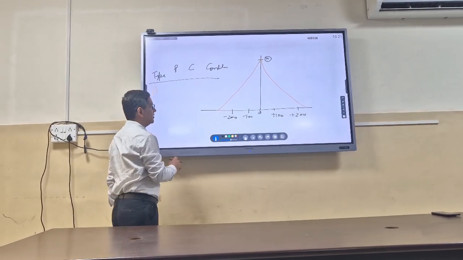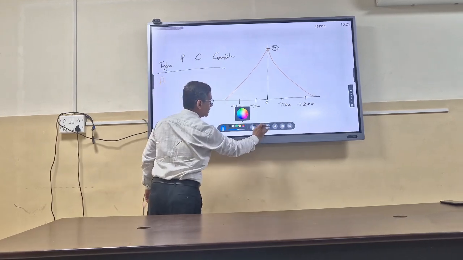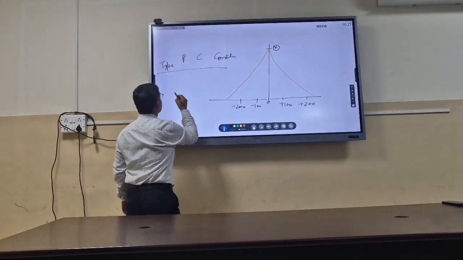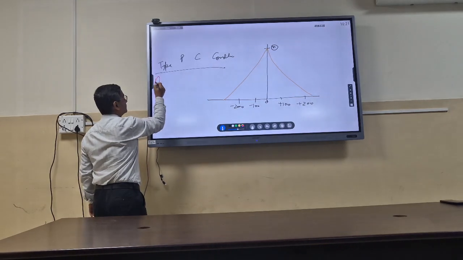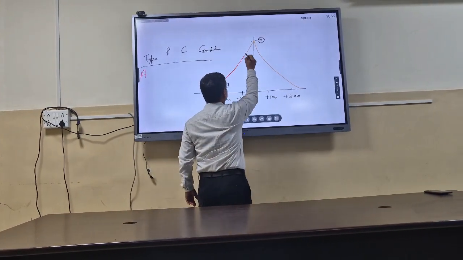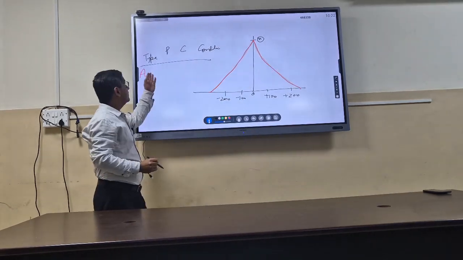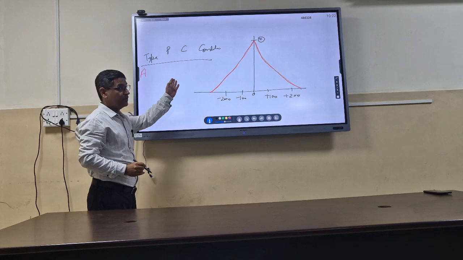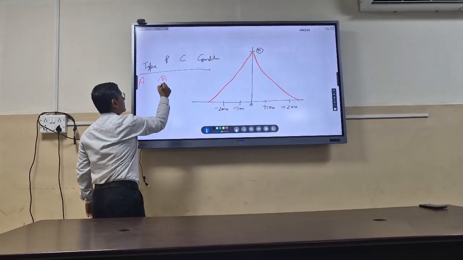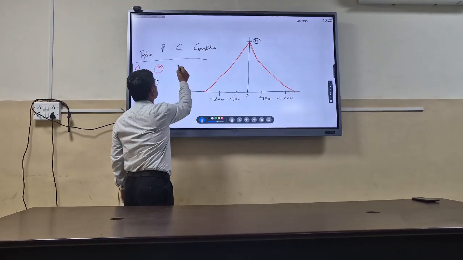It's not visible. Let me change the color. Wait, let me use the red one. No issues. So this is type A. Here we see the pressure is normal, the compliance is normal, that is maximum.